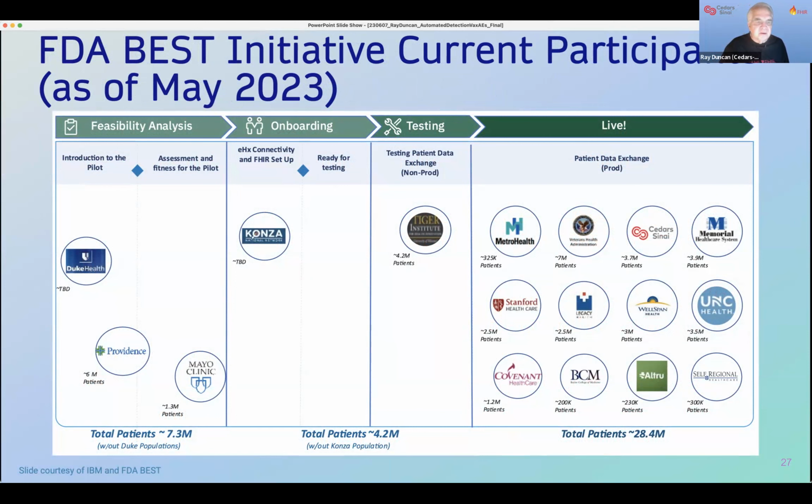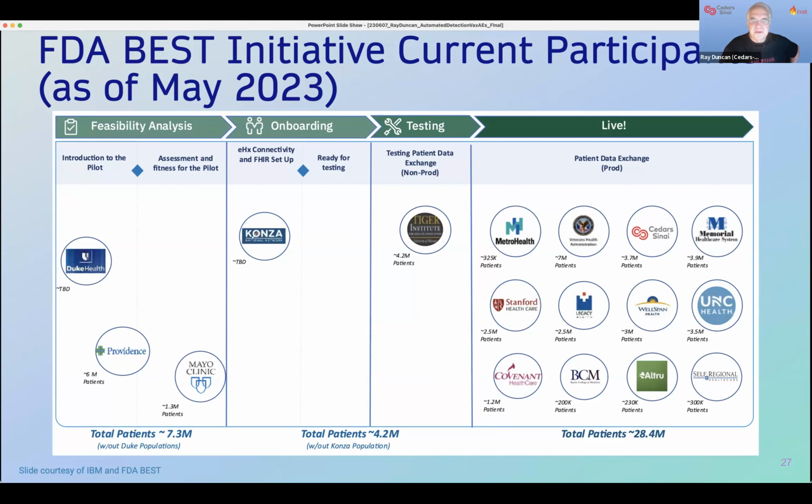And there are other large organizations that are being onboarded or are working their way through the pipeline. For example, Duke, Providence, which is a very large healthcare system in our area, and the Mayo Clinic, which everyone has heard of, of course.